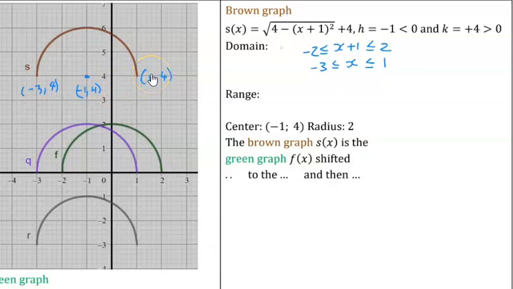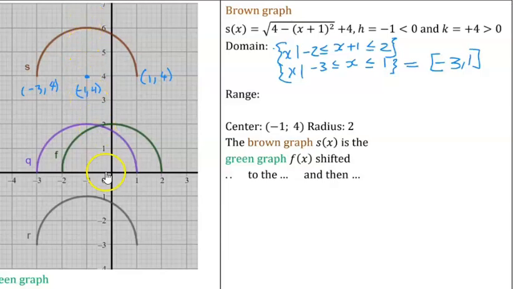So the domain is the set of x's such that it agrees with those conditions, and in interval notation we write it like this.